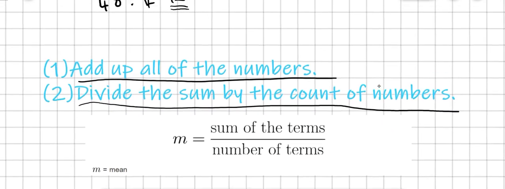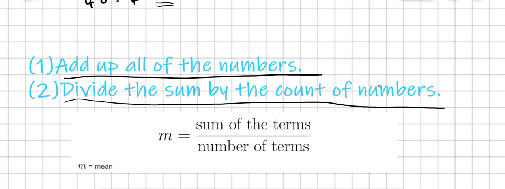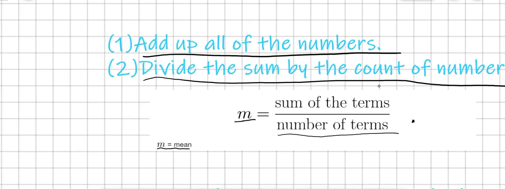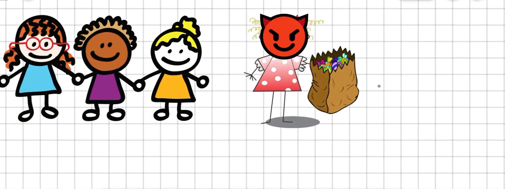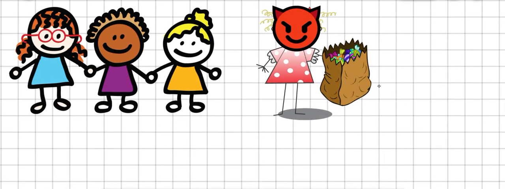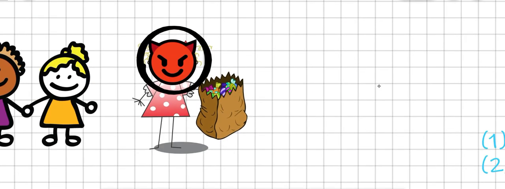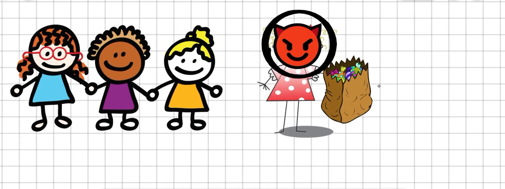And say you have a test and you want a formula to write down. Well, I made a little formula here. So say you have a test and you have a cheat sheet for your notes, then just write this down in your notes and it'll be easy to remember. But if you're not good with formulas, I've come up with a little story to help you remember. And all of them are friends. But this one girl who has a particularly mischievous face, she is hiding a bag of lollies, and she's not sharing it with her other friends.